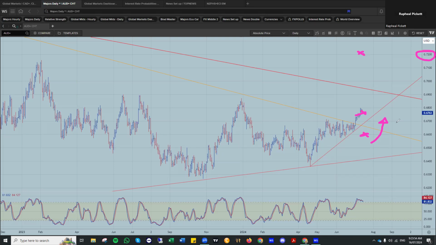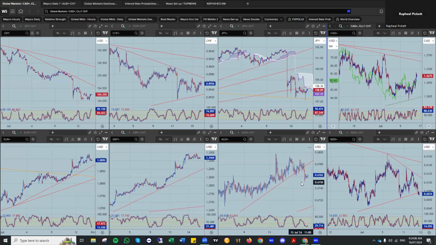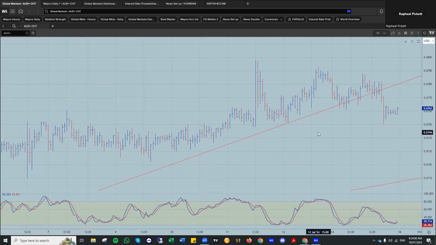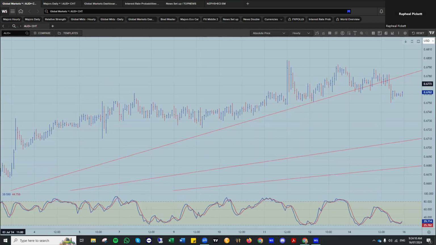Don't worry about, with these long-term trades, when you are assessing these on interest rate probabilities, you're not so worried about the short-dated price action. We're not really looking at the hourly charts, because if you're looking at the hourly charts right now, you might be thinking, oh, well, Aussie's broken down here, I'll hold off. But looking at your hourly charts, you might go, wow, this is interesting, I've got a slightly lower Aussie here.